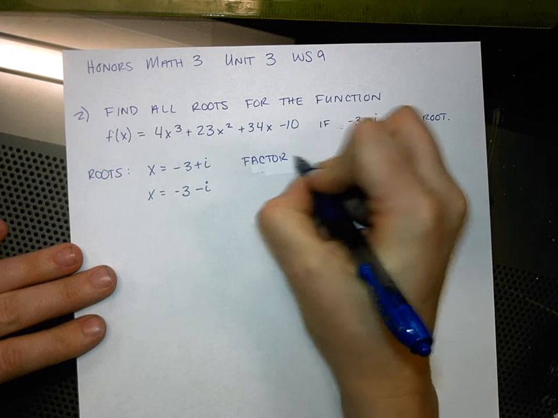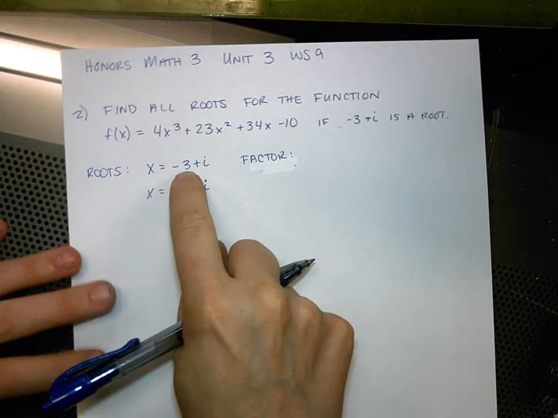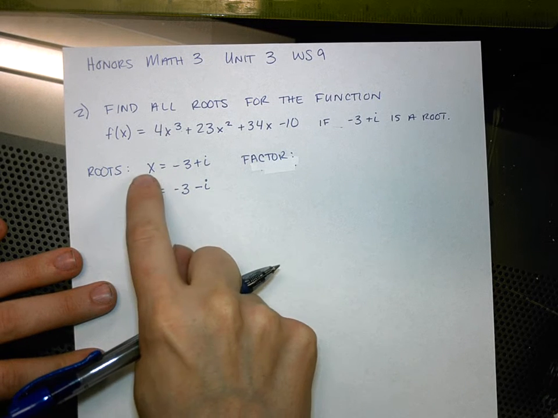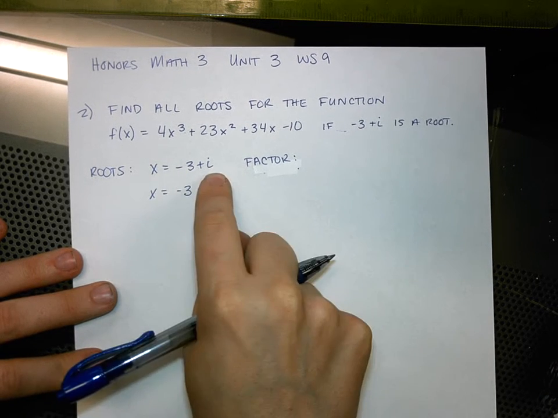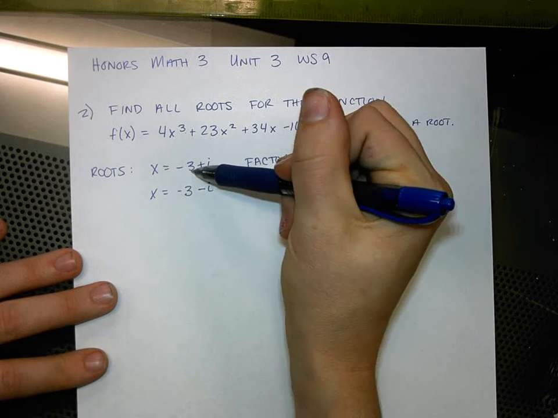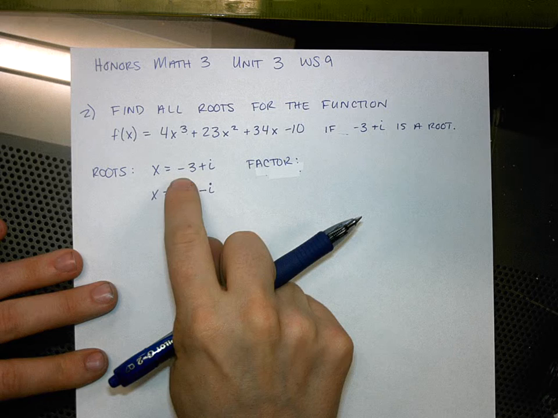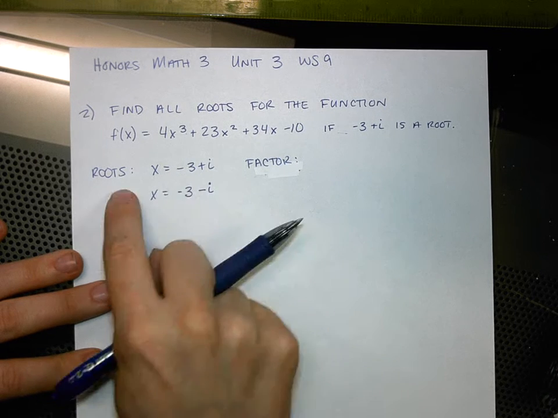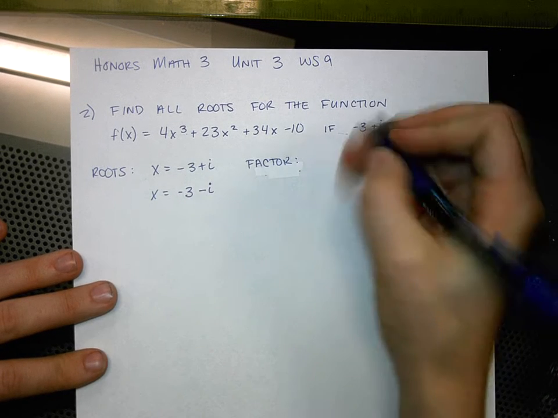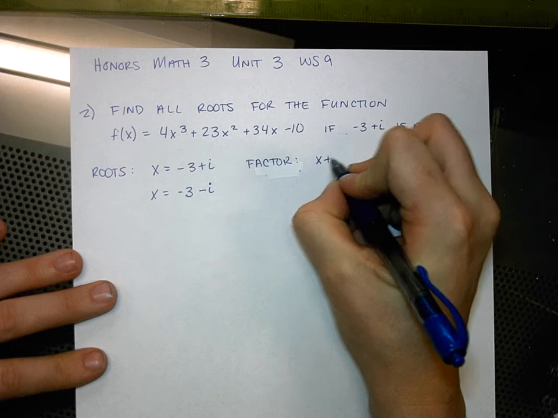So the factors I can get from these two roots, I am going to set my x equal to the root. So I need to find my factor by moving the -3 to the other side and moving the i to the other side. So I'm going to add 3 to each side, and that gives me x plus 3.